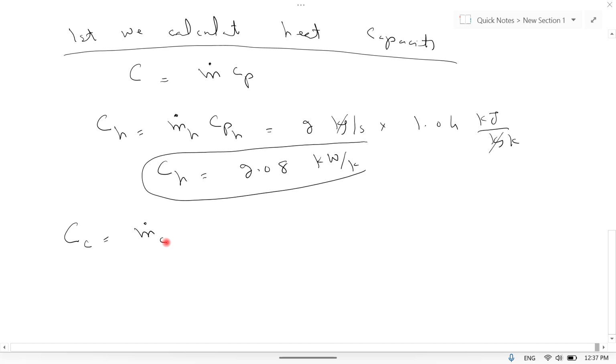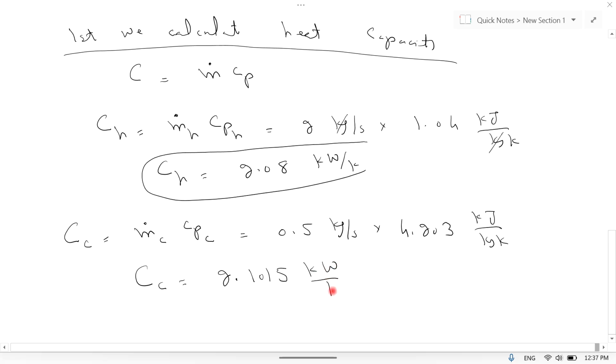Similarly, the heat capacity of cold water is equal to the mass flow rate of cold water times the specific heat capacity of cold water. The mass flow rate of cold water is 0.5 kilogram per second, and the specific heat capacity is 4.203 kilojoule per kilogram per Kelvin. So the heat capacity of cold water is equal to 2.1015 kilowatt per Kelvin.